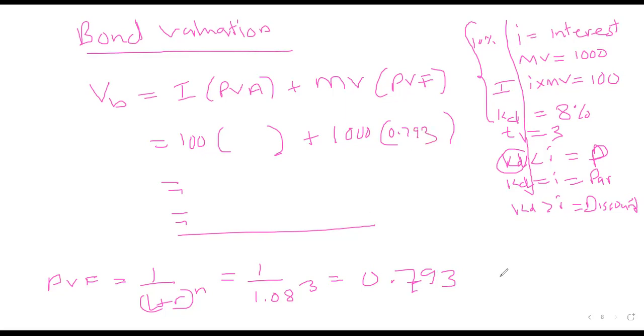Then to get the annuity factor, we have 1 minus 0.793 over the interest, which is 8%, 0.08.